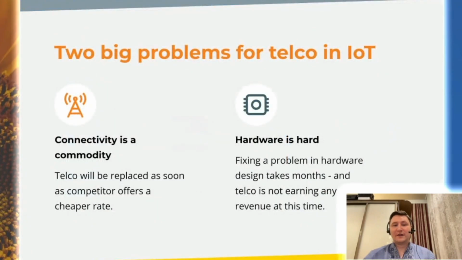It means that this IoT user can go to any telco, and any telco can provide them with connectivity between the IoT devices and their data storage, because that connectivity will be provided by the mobile network, by the data which they can send from the IoT device to the network. So connectivity is a commodity, and anyone who provides a cheaper rate can get the user. That would be one problem on the telco side.